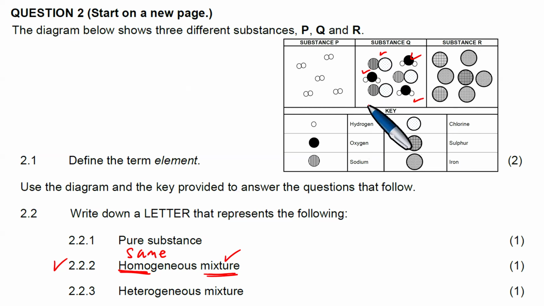But also this is the same as this, and the same as that. As a consequence, the letter that represents a homogeneous mixture will be the letter Q.